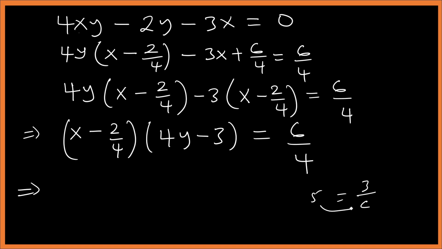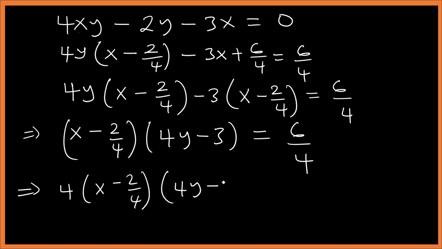So this one will multiply that to get 5c equals to 3. Okay, so this side will be 4 times x minus 2 on 4. We have 4y minus 3 equals to 6.